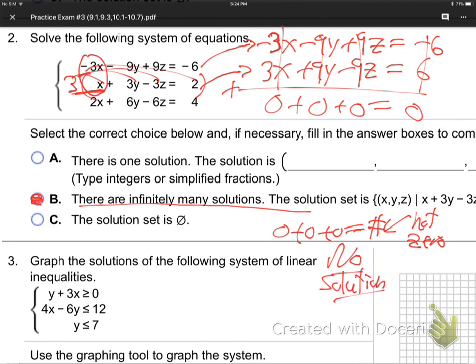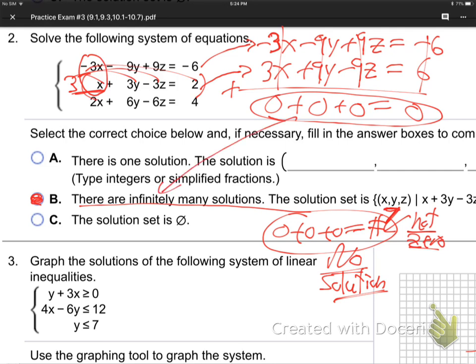How you can remember it: if you get something that's not true, like 0 plus 0 plus 0 equals 7, that's not true. No truth, no solution. But if you get something that's true, 0 plus 0 plus 0 does equal 0, that's infinite solutions, which is our answer to number 2. Could be both versions on the real test. Make sure you know how to get no solution when it's not true, and when it is true with all zeros, it's infinite solutions.